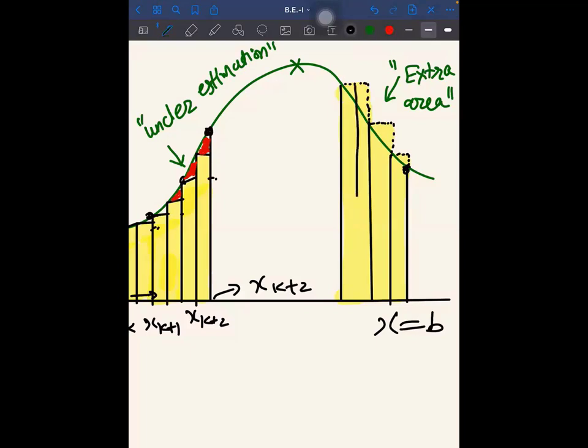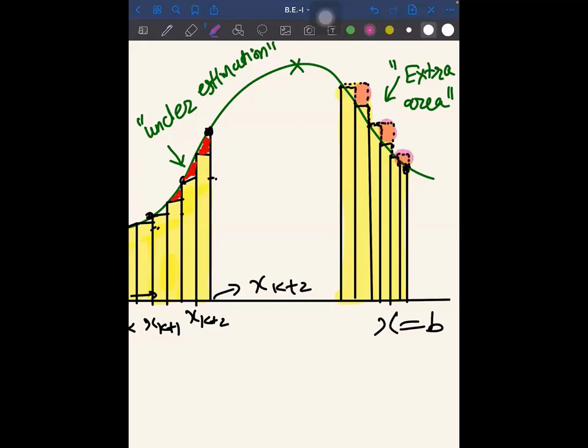Let's say this one, this one, and then this one, and let's say this one too. If you again construct the upper rectangles, you will come to know that now you are closer to the area under the curve, right? This time this area is left out, so we have successfully discarded this area.